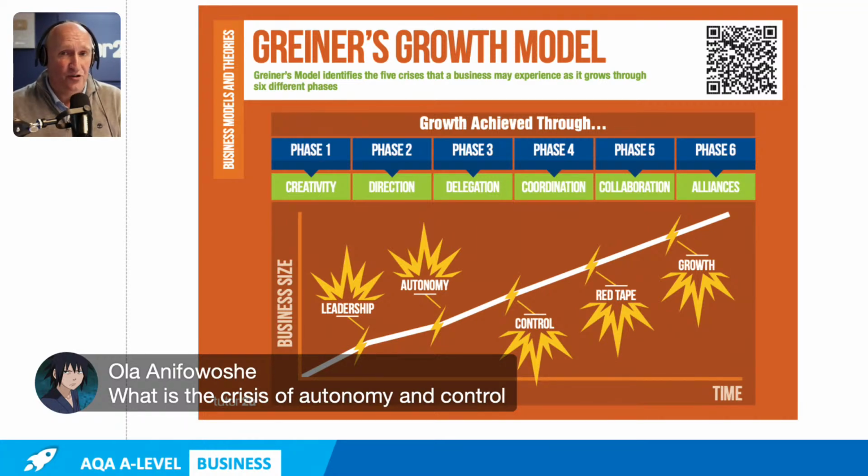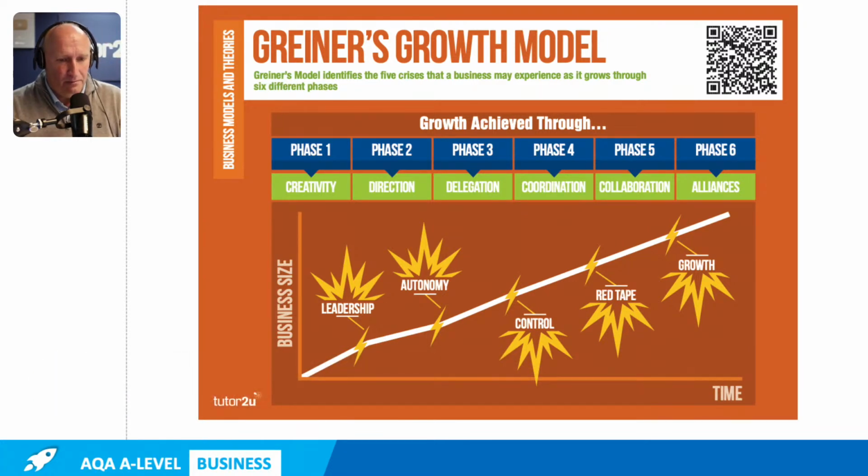How much do you allow them to go and make their own decisions? Then the crisis of control is, if you're not careful, they start making decisions that aren't in the interest of the business as a whole. In other words, how do you bring that back so that you haven't got lots of people making too many decisions around the business that work against each other? That's the crisis of control, and what that needs is better coordination between business units, better coordination between management teams. There we go.